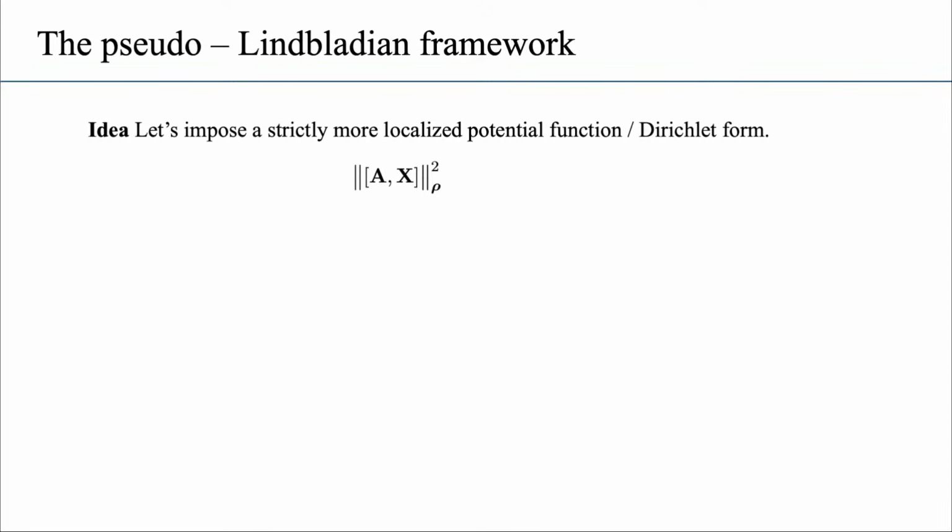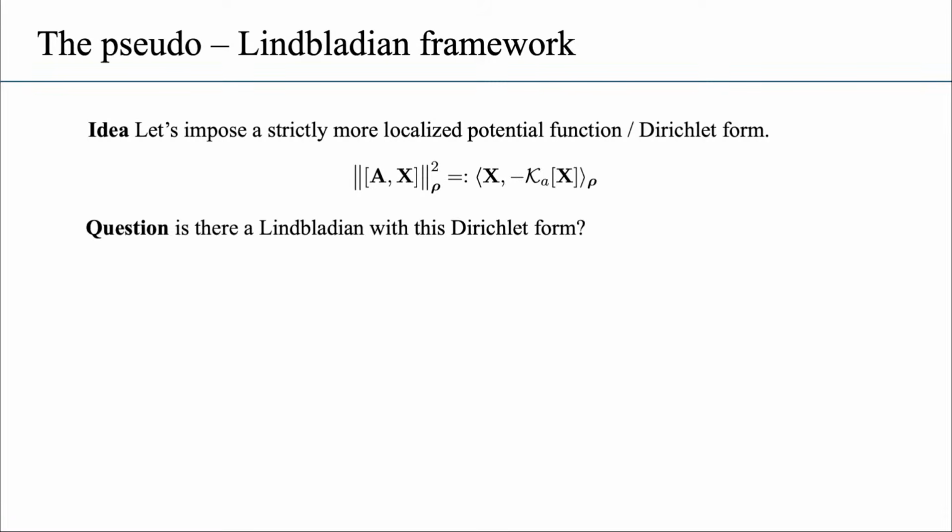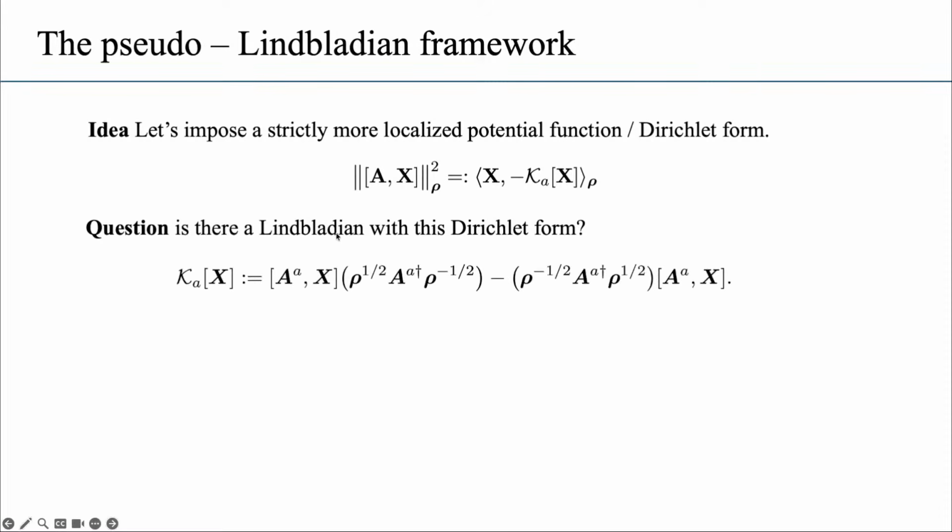Ideally, you'd engineer a dynamics which admits this commutator as the Dirichlet form. Because if so, we'd essentially be saying that the time derivatives are just governed by the commutators at a single site. So credit where it's due, what Anthony did was basically to reverse engineer a choice of Lindbladian, or essentially a Lindbladian, which admits this Dirichlet form.